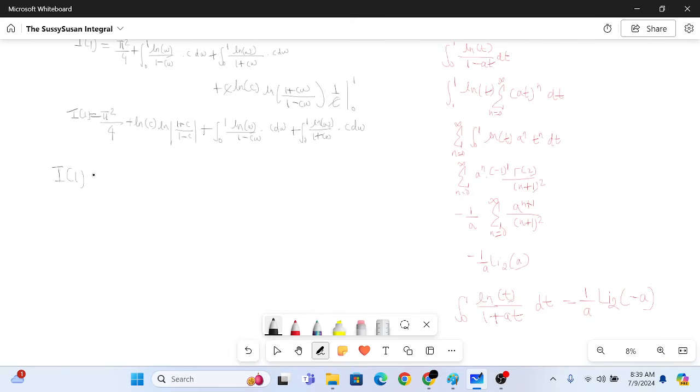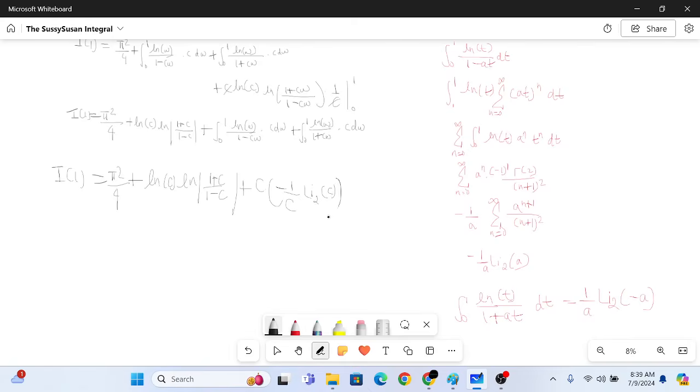I of 1 is equal to pi square by 4 plus ln c ln of 1 plus c by 1 minus c. Now this one will just be, okay, we have the c already over here, we can take that out. Now this is just minus 1 by c Li2 of c.